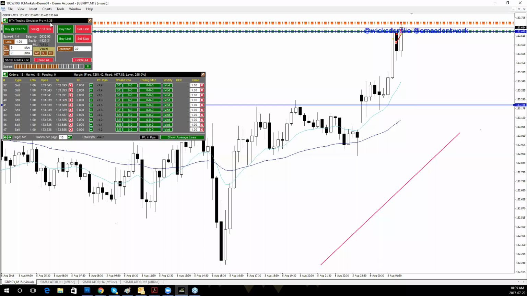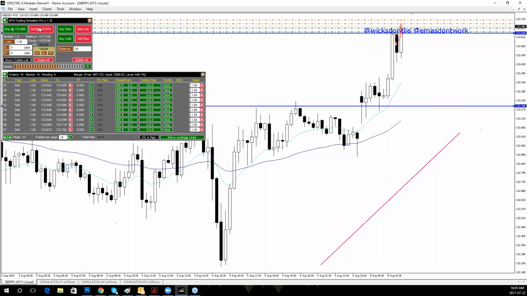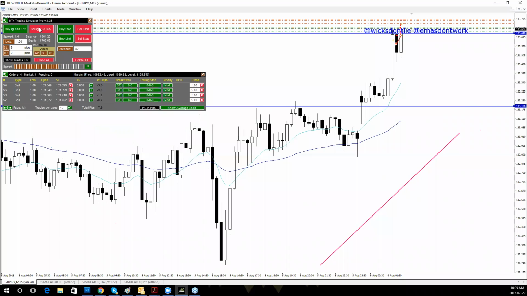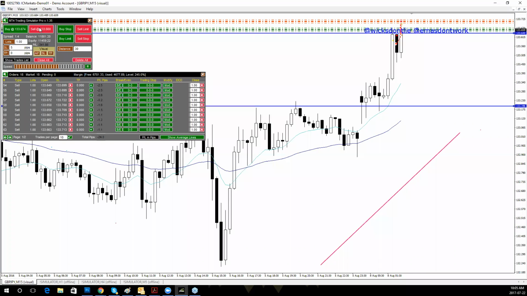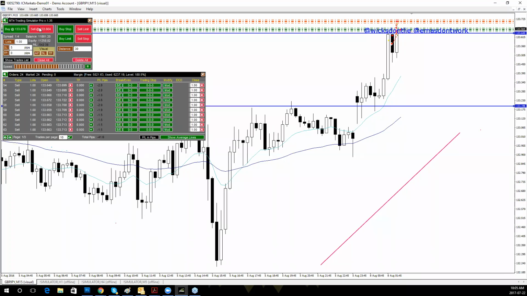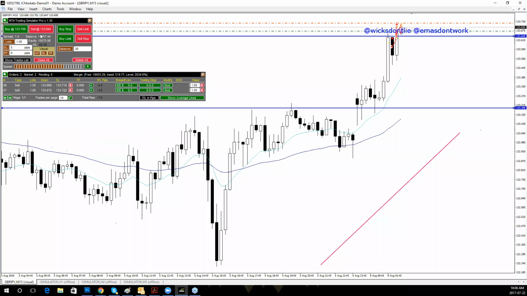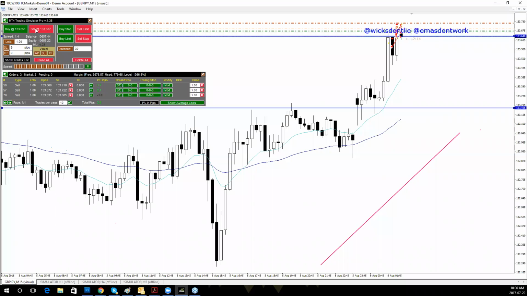It's just gonna retest the broken support or rejected support. Yeah, you're right. Take sells, more sells.